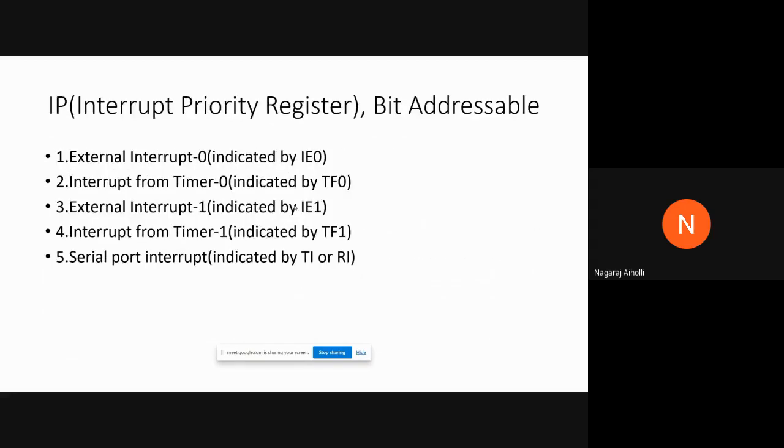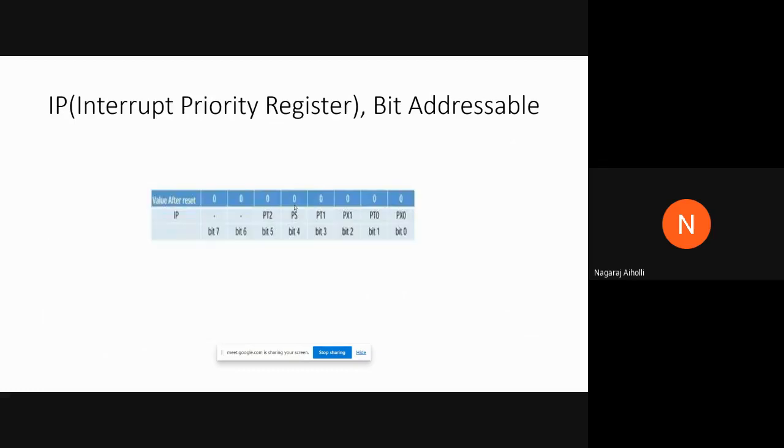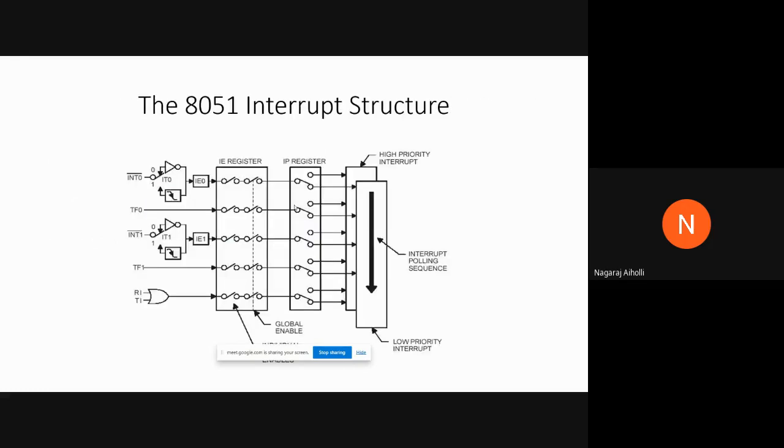Then the interrupt priority register and its bit structure. The polling sequence: if two interrupts have the same priority, which should be serviced first and which next, that is the polling sequence. Then finally the 8051 interrupt structure.